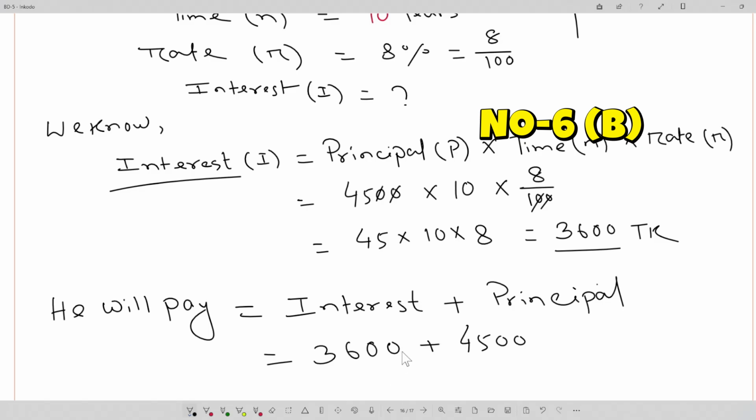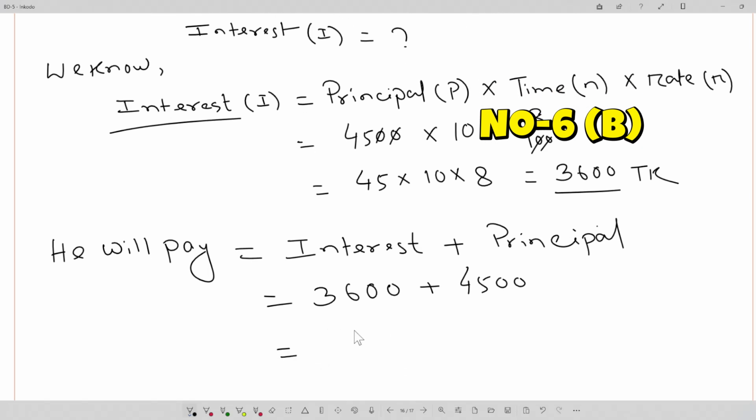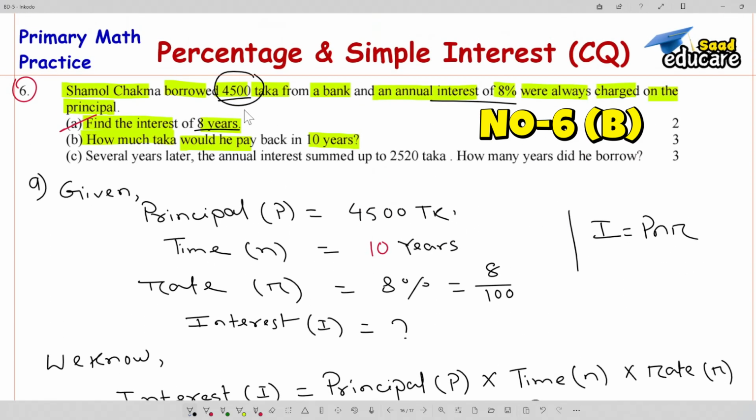So once we sum, we get 0, 0, 0, then 6 plus 5 is 11, carry 1, and 3 plus 4 plus 1 is 8. It means 8,100 taka he will pay 10 years later if he takes 4,500 taka from the bank at interest rate 8%. Very simple thing. So number A and B done.